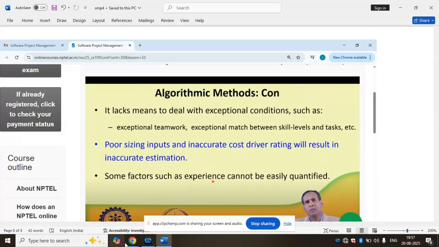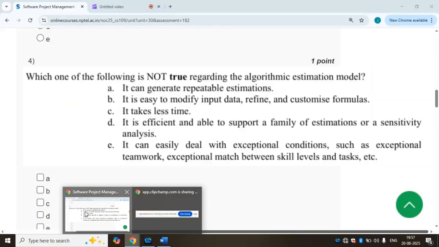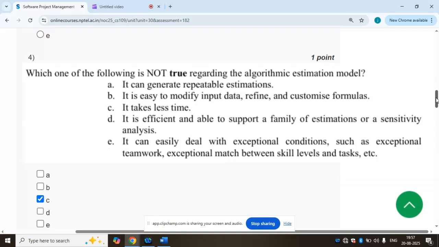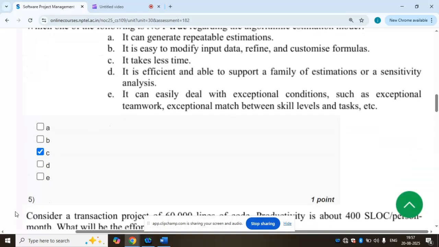So the answer for this here is, it takes less time. Maybe we'll see. And E, you can see E. So it can easily deal with exceptional conditions. It is not easy to deal with exceptional condition.